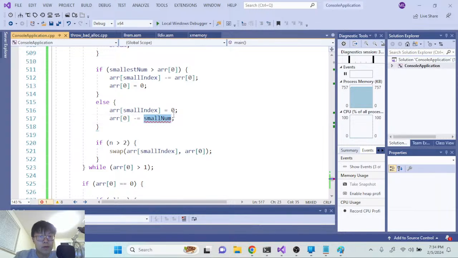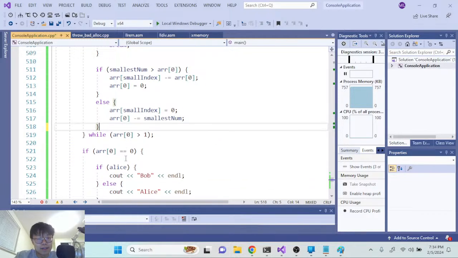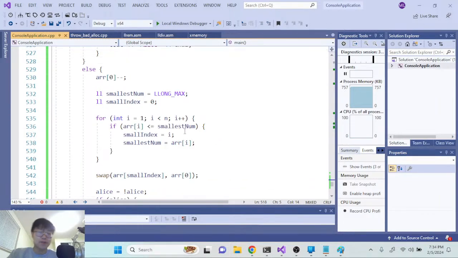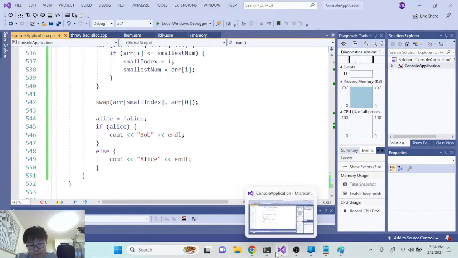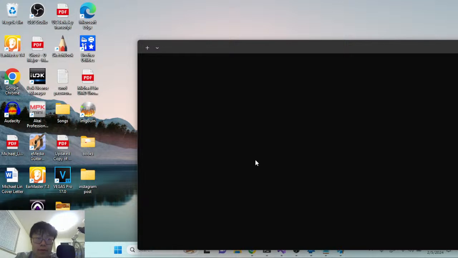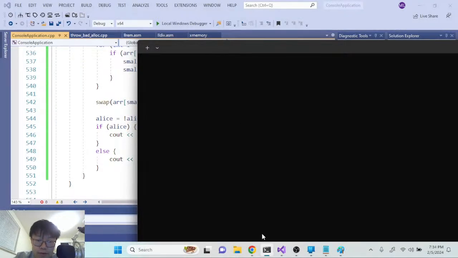Oh, this is so annoying. Okay, this is like my most disliked. These game problems are so annoying. What are you supposed to do for small number here?